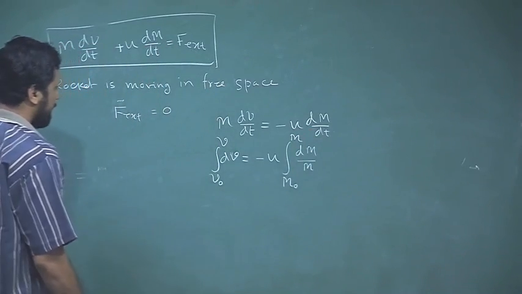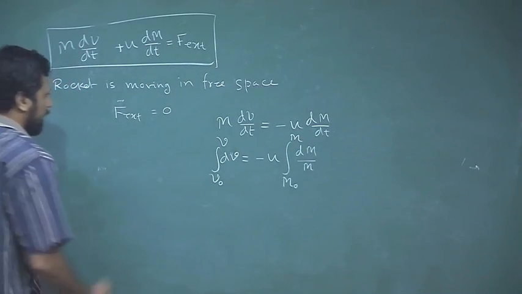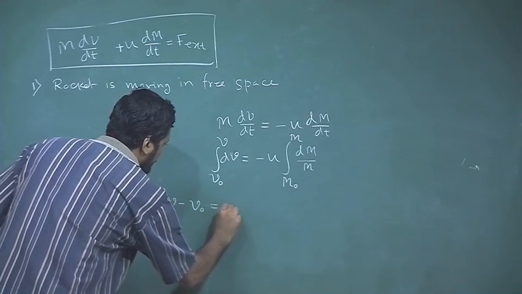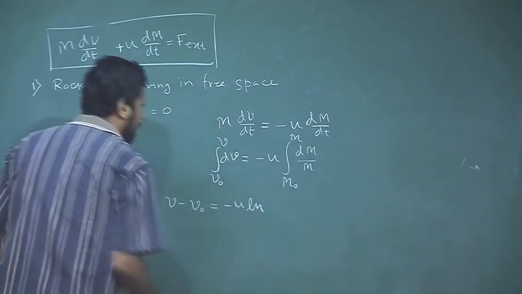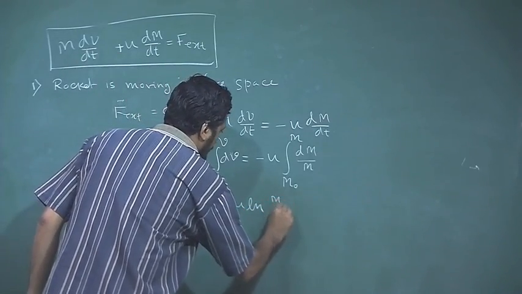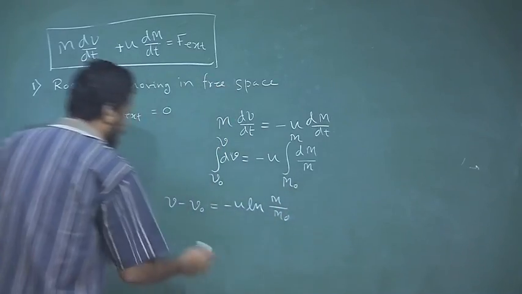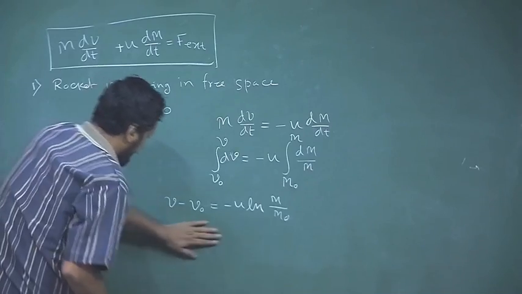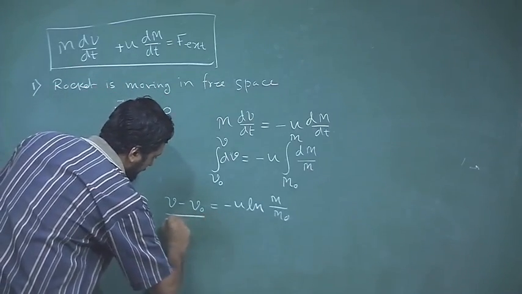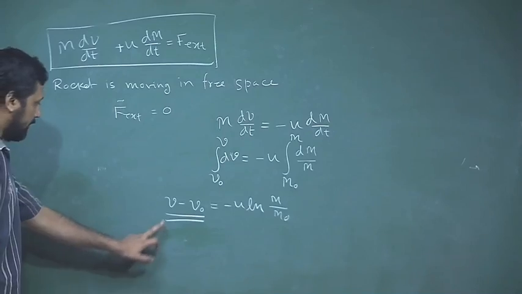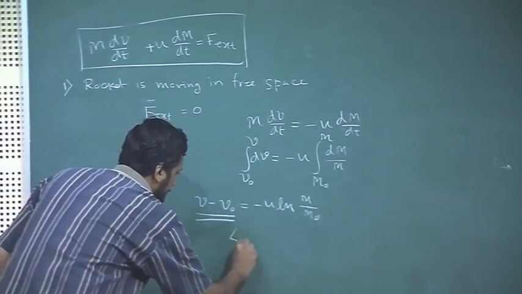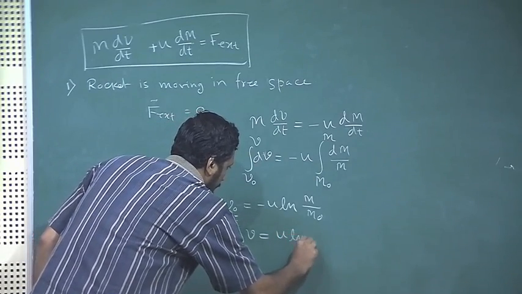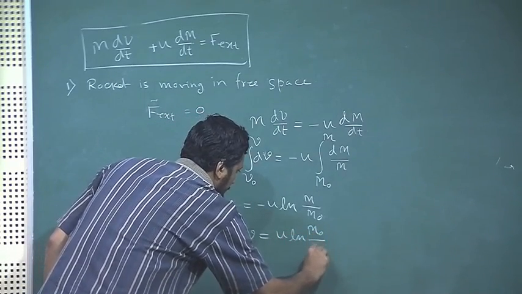So, we perform this integration, and we come up with a relation that v minus v0 is equal to minus u ln m by m0, or we can absorb this negative sign and call this the velocity change, denote it with delta v, and write u ln m0 by m.